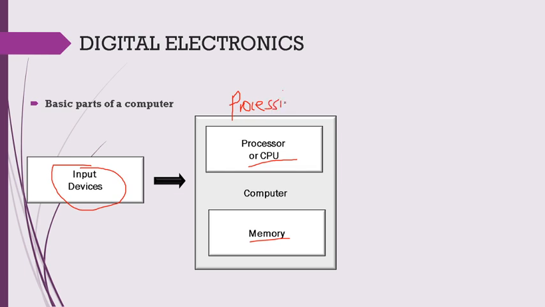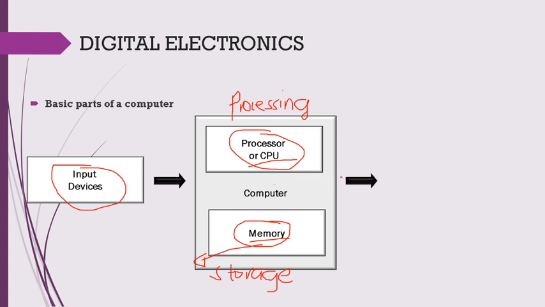Take note that the CPU, or the processor, is the brain of the computer. Okay, and the memory is the storage, or this could be a storage device as well. This is a storage device because it will store data from our computer.